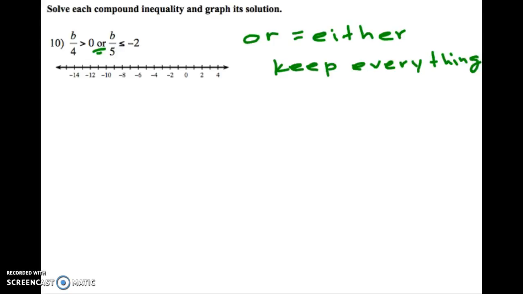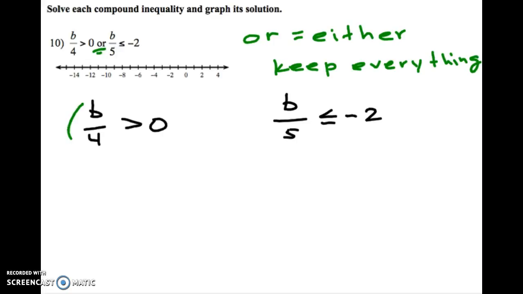Similar to the last one, I'm going to take a second to rewrite this so that we got some space to work. Equation on the left, since it's b divided by 4, we're going to multiply by 4 to solve.